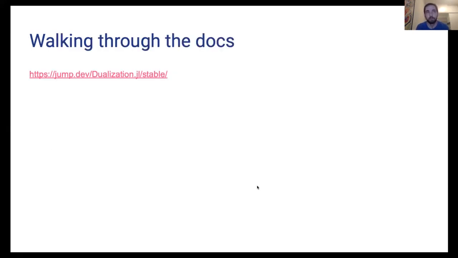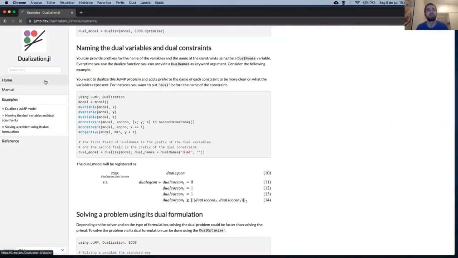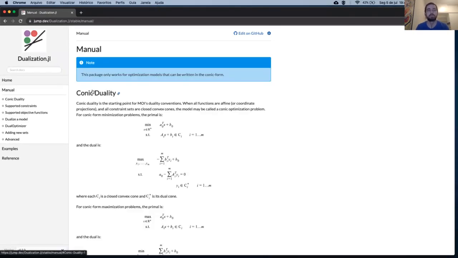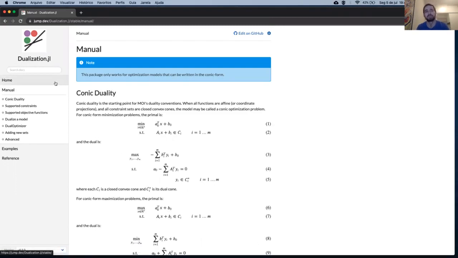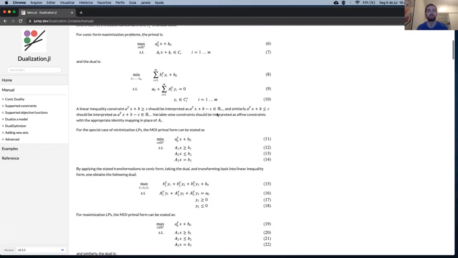So a quick walkthrough through the docs. I wrote the docs using Documenter.jl, and it has all the basic things. So I mean, a manual and some examples. So it has a little bit of the mathematical background. So what are we dualizing? What is the primal representation of a problem? What is the dual representation of the problem?